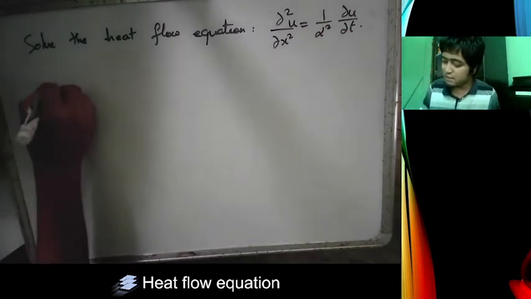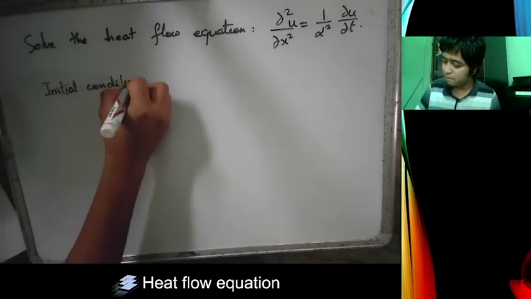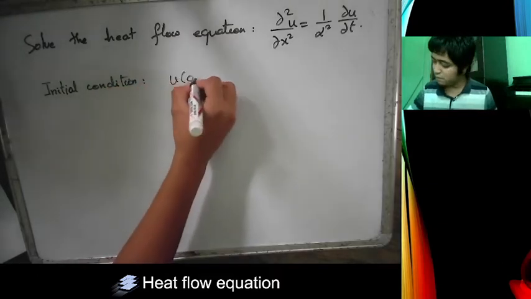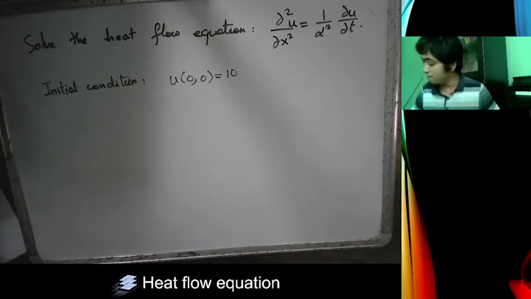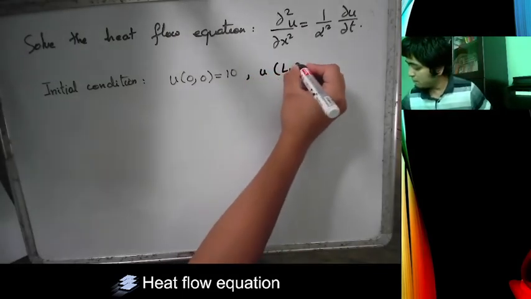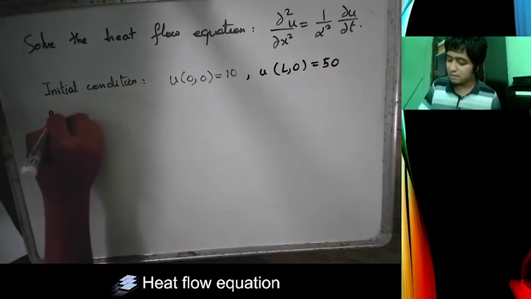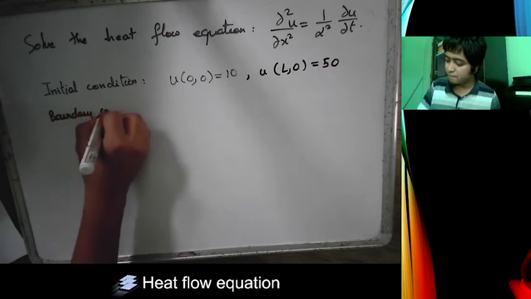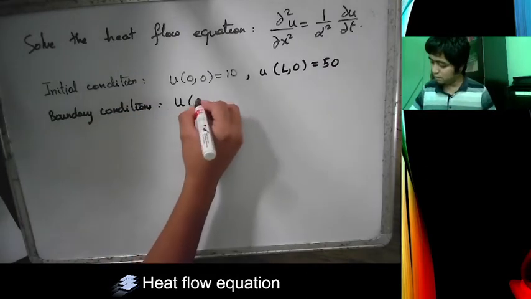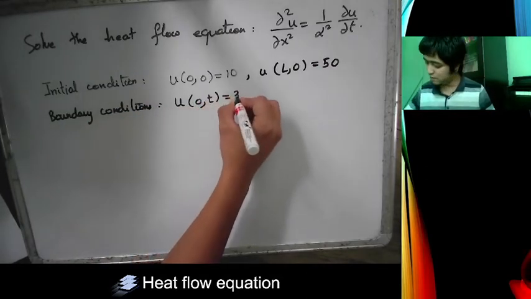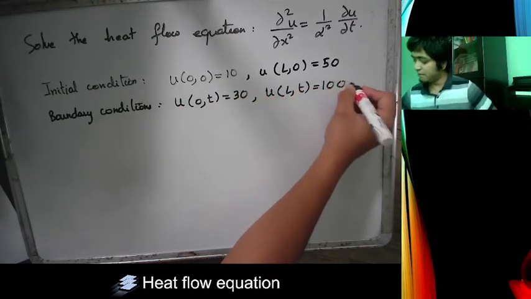The initial conditions: u(0,0) is equal to 10, 10 units, u(L,0) is equal to 50, and the boundary conditions: u(0,t) is equal to 30, u(L,t) is equal to 100.